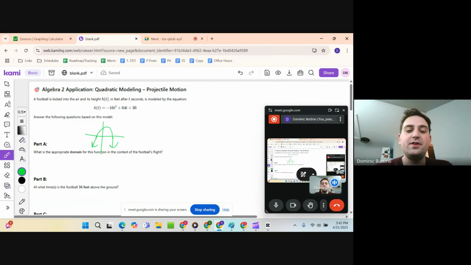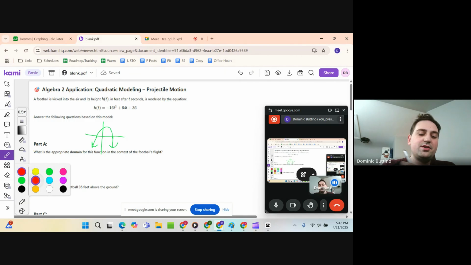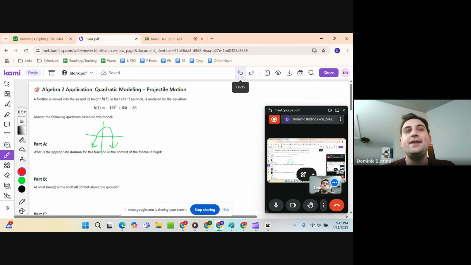Now, we know a few things. First of all, they're asking domain. Think about, are we looking for the possible x values or the possible y values based on the word domain? They want to know all the possible x values. All possible y values would be the range. Now, what's interesting is technically this parabola could go into the negatives right here, but it doesn't, for the simple reason the negatives would represent the time before the football is kicked.